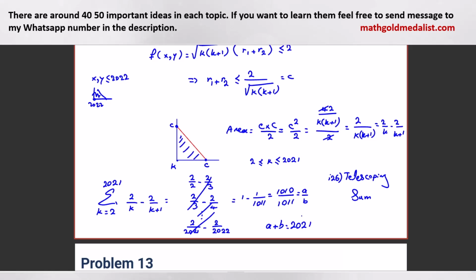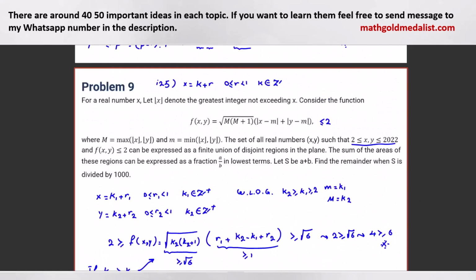Okay? So if we divide it by 1000, the answer will be the last 3 digits, which is 21. So our answer is 21. Okay. It was problem 9.